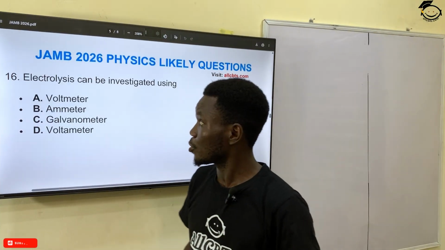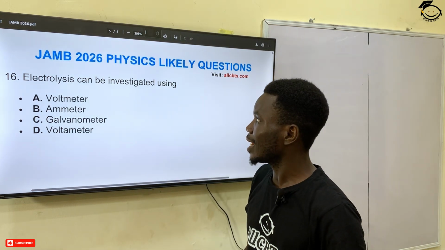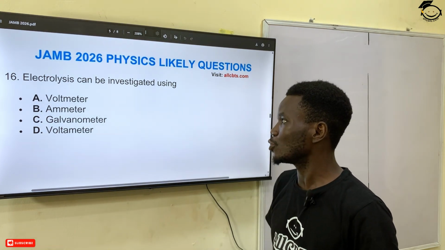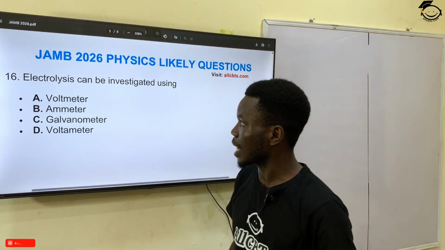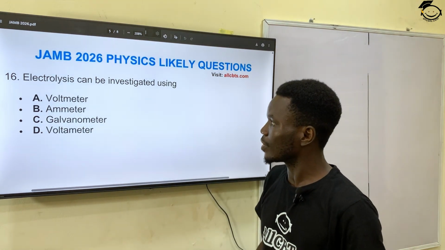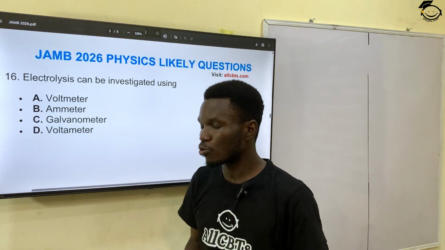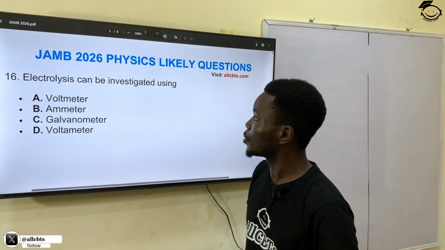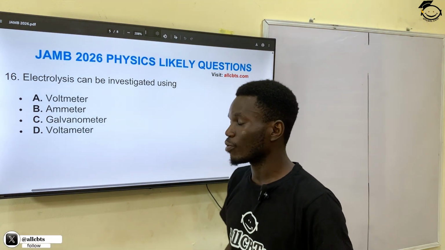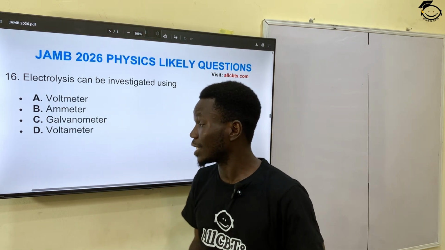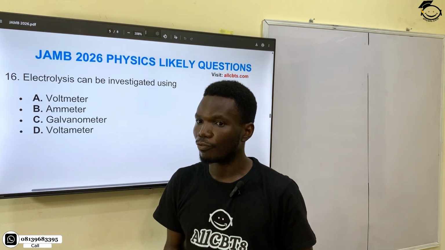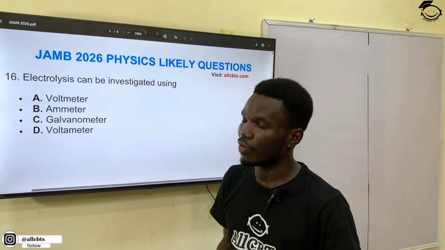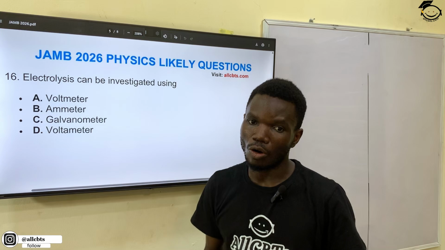Moving on to the next question, which is question number 16, it says electrolysis can be investigated using dash. A, we have the voltmeter, B, we have the ammeter, C, we have the galvanometer, and D, we have the voltameter. The voltmeter is for measuring voltage, the ammeter is for measuring current, the galvanometer is for measuring the direction of current, and can also be used for measuring the amount of current if you convert it using your shunt.